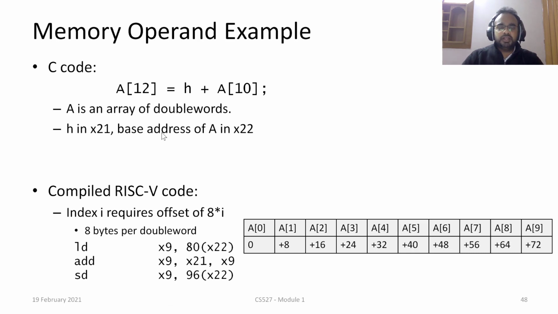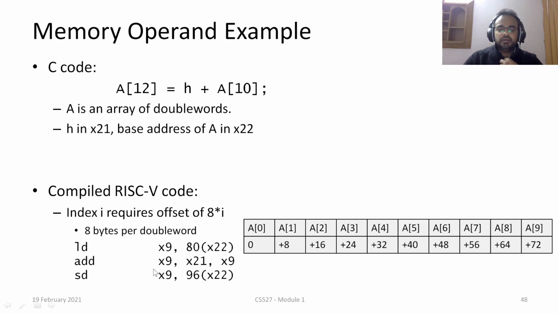Following that, the resultant of this addition should be written to the location A of 12. Now how do we get A of 12 when we have the location of A of 0? We would add 96 to the base address, which is in x22. That's when we'll get the location of A of 12, and using this we write a store double word instruction. SD is the mnemonic for it.